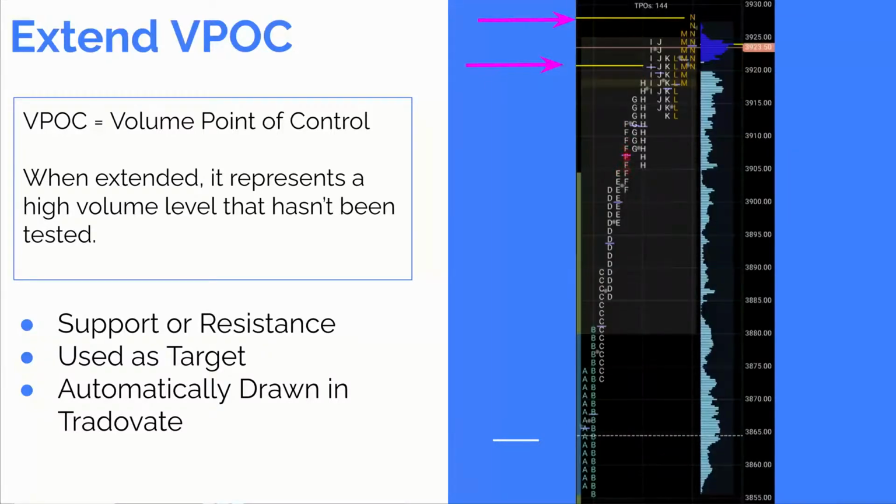We had single prints. And that just continues to show the initiative, or the aggressiveness, of the buyers. It just went right through it. Single prints, continued higher. It did set back here, kind of to that level and held, before going up. But I just want to point this out.